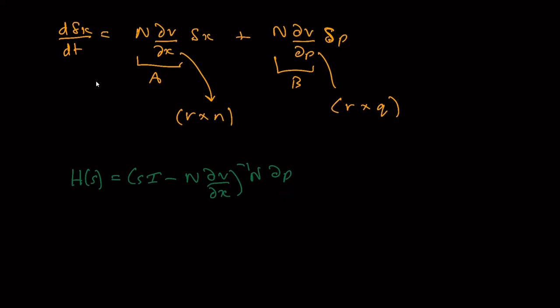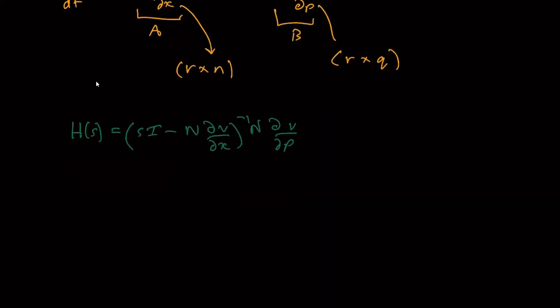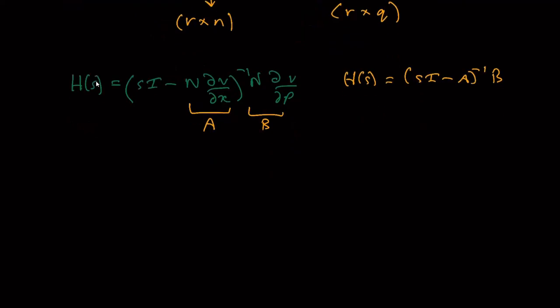That's the transform of the linearized equation. Notice we have an inverse as well. This piece is the A matrix, and this piece is the B matrix. So it just looks like the thing we had before, (sI minus A) inverse B. It's no different.